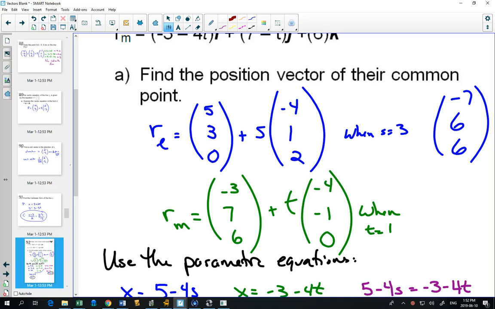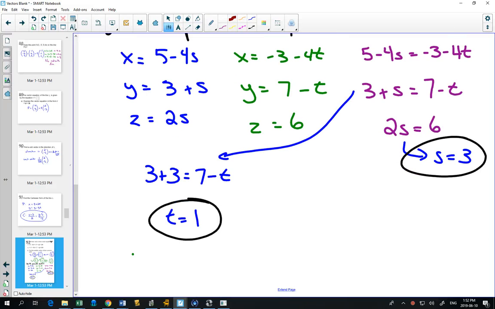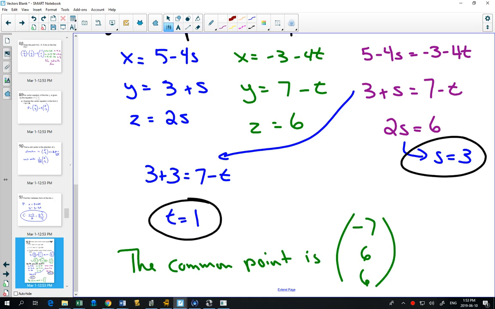Negative 3 plus negative 4, negative 7. 7 minus 1, 6. 6 plus 0, 6. You can write a statement in the end. Common point is negative 7, 6, 6.